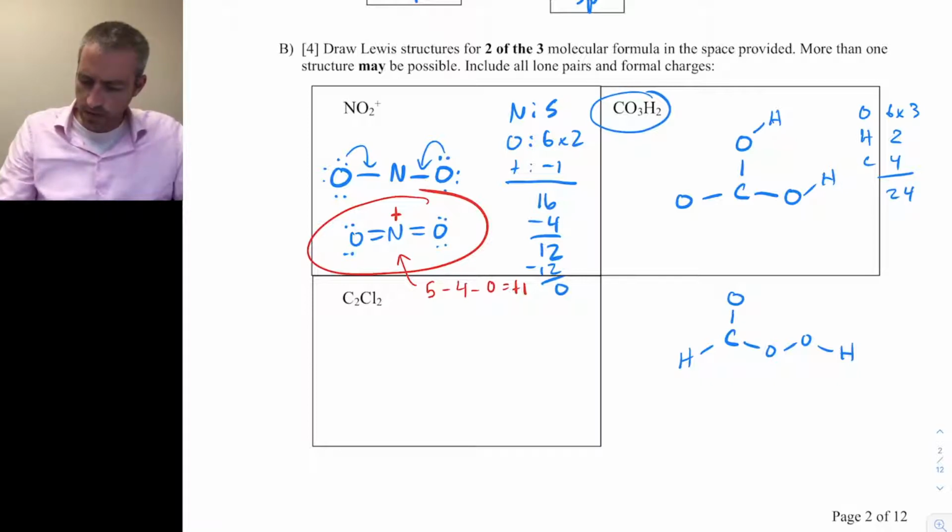From the 24, we have to subtract 2 for each bond we've already drawn, which is 3, 4, 5, which is 10 electrons, which is 14. Fill outer octets. 2, 4, 6. Now we do the oxygens over here. 8, 10, 12, 14. Used all of our electrons.